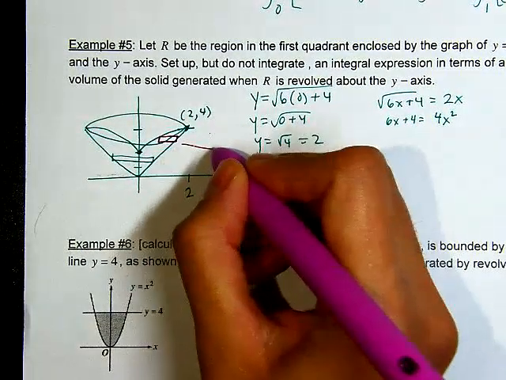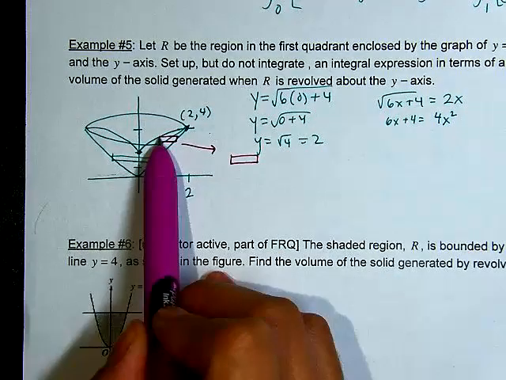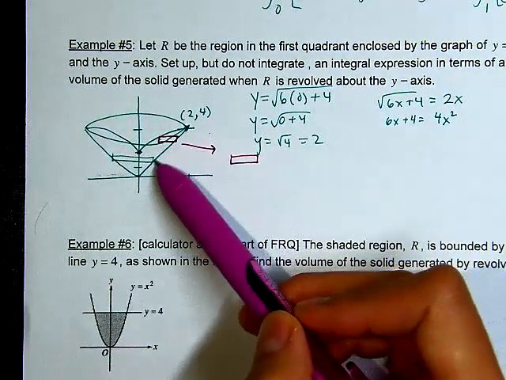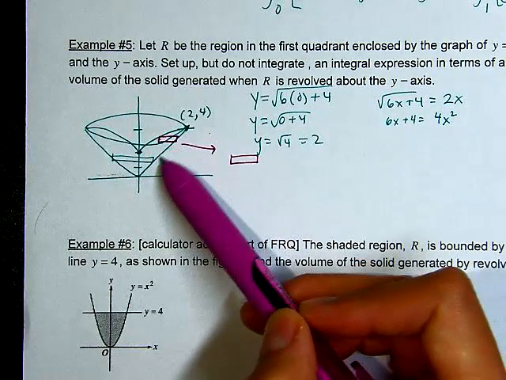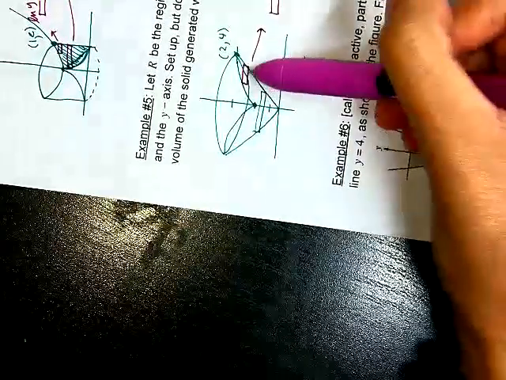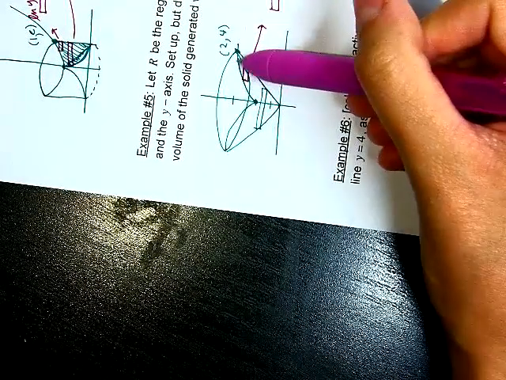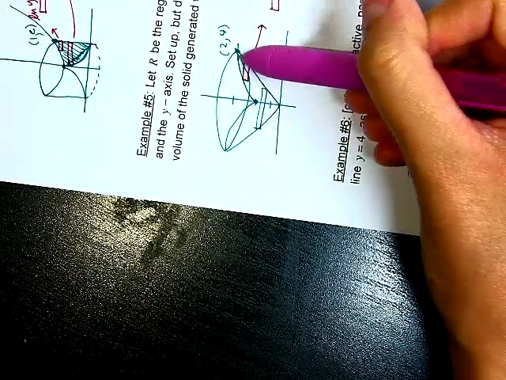So let's take a look at this top slice up here. If I look at this top horizontal slice, my outer radius, in other words, my top y, so again, if you need help seeing that, your top y will be this outside one, and then your inside radius will be the one to the left, or in other words, the one on the bottom.